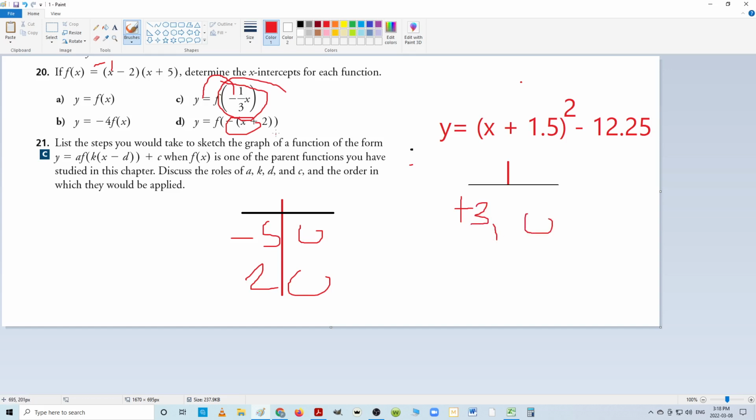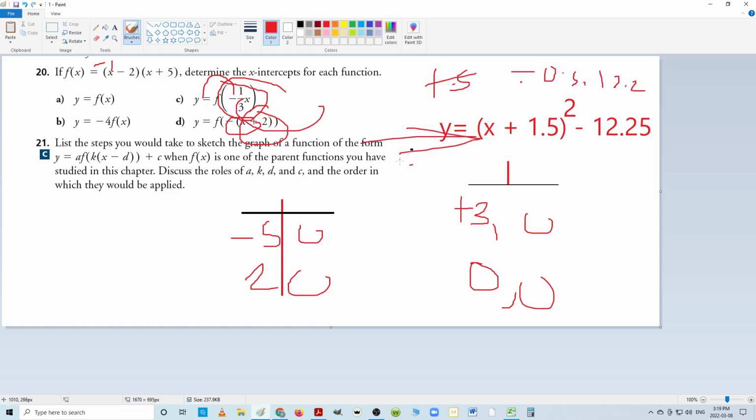And the other one becomes -2, and add 2, 0. So I've got 0, 0. And then really, I should find the asymptote of this. So if I multiply the -1.5 by negative, it becomes 1.5, and then when I subtract 2, it becomes -0.5, 12.25. And it's reflected in the y-axis.